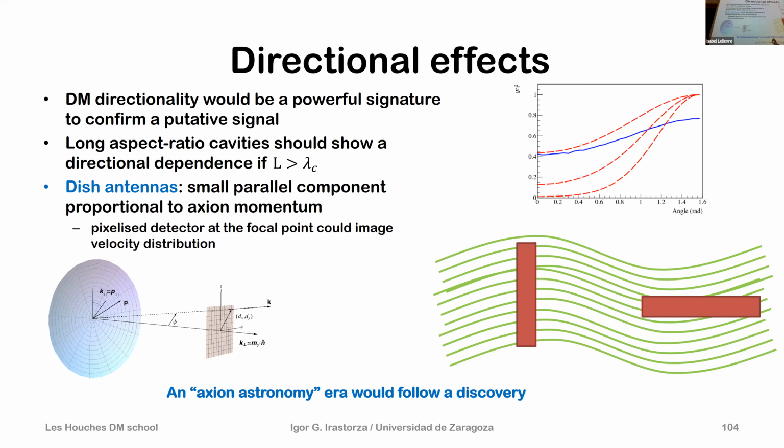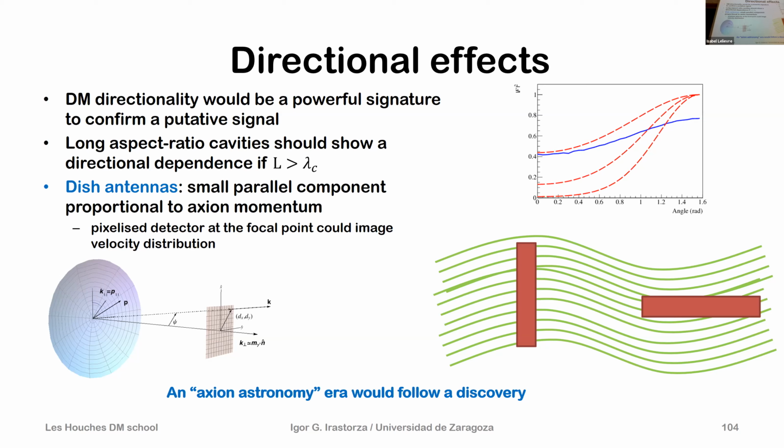There is a small parallel component that is dependent on the momentum of the axion. So if your receiver is not just a single detector, but a pixelized detector, in the case of a positive signal you would measure directly the velocity distribution of the axion, which is very nice.